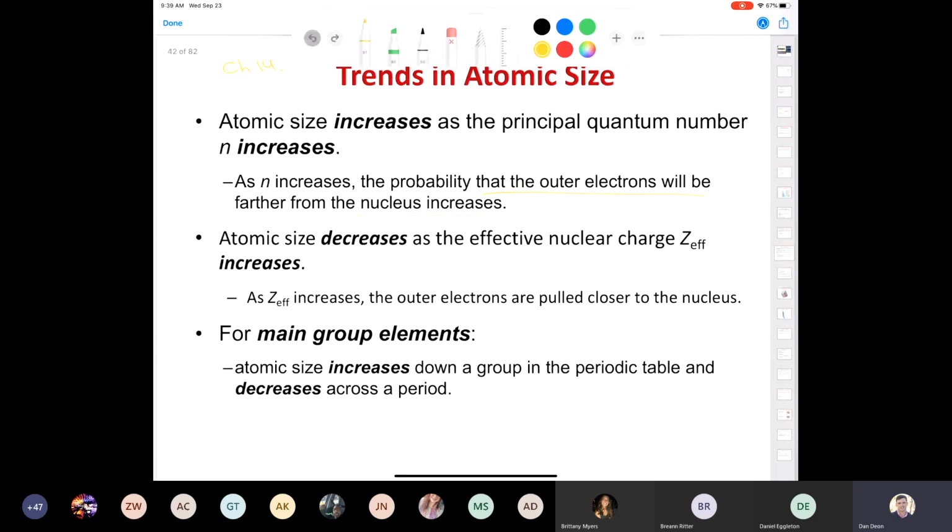Now, this is something I spent quite a bit of time on that fateful day when we discussed chapter 14: the fact that atomic size decreases across a period. And the reason why was based on Zeff, which is effective nuclear charge. This is something I really like to explain in the face-to-face classroom because I can actually wave my hands at the periodic table in front of you. But the idea is this: as we go across the period, the number of protons keeps increasing. As that nuclear charge increases, the number of shielding electrons, or inner or core electrons, doesn't increase.